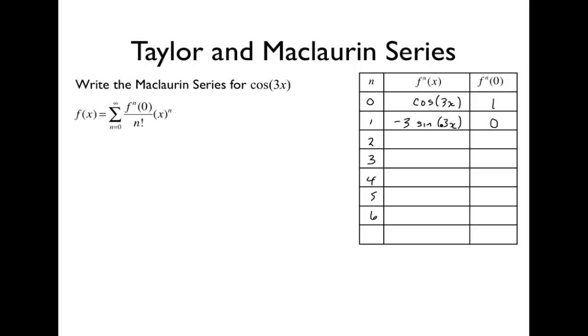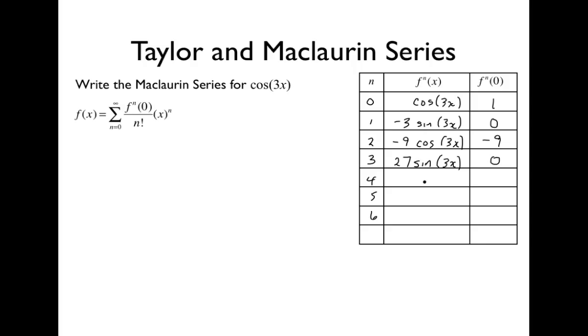And then the second derivative will be the derivative of negative sine: negative 9 cosine 3x. Evaluated at 0, that's 1, so now we get negative 9. The derivative of negative cosine is sine times 3, 27. Evaluated at 0 is 0.